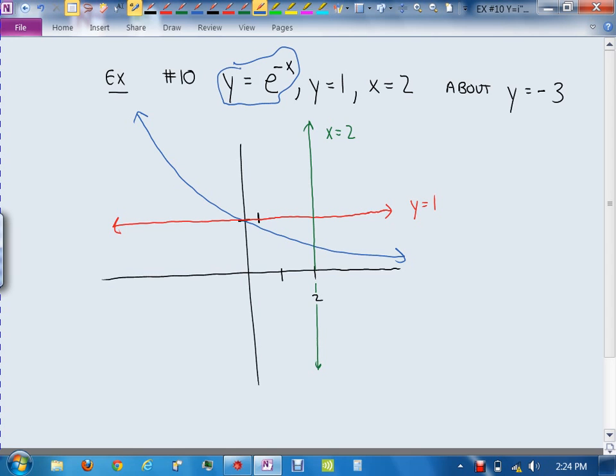Everyone see the region? Nice little rectangle in here like this. Oh, what have I not drawn yet? Very important here: axis of rotation.